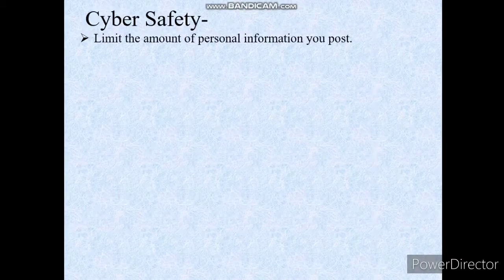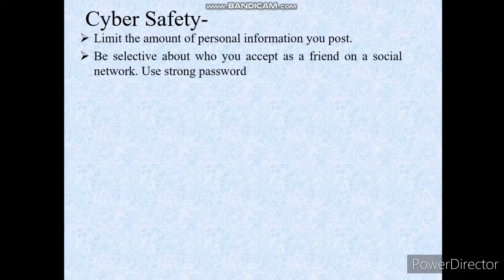Next safety rule is be selective about who you accept as a friend on a social network, and use a strong password. You must be very careful in selecting a person as a friend.